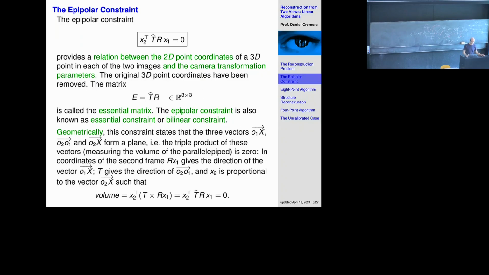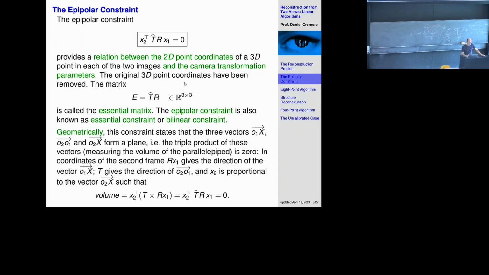And hence the epipolar constraint is often also called the essential constraint, or the bilinear constraint. Why is it called bilinear? Because it's linear in x1, in x2, and in this t hat r matrix.